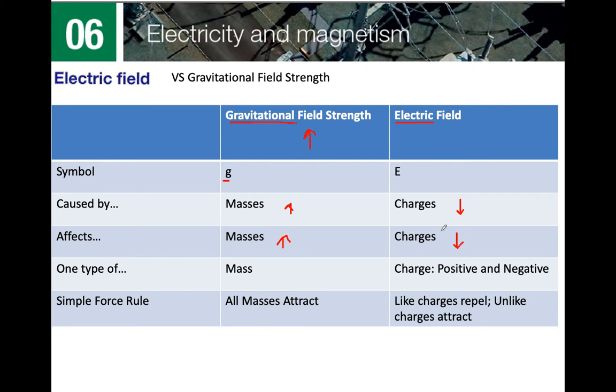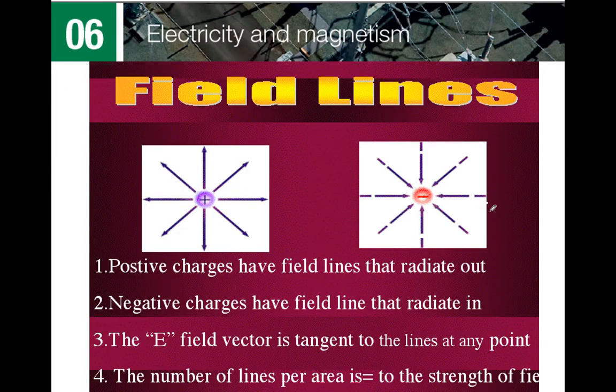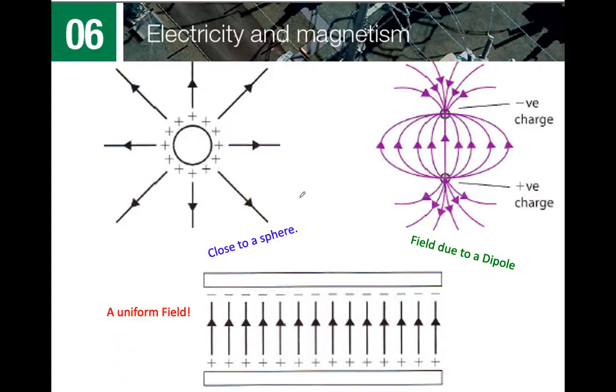Instead of mass, we're using q. Remember with field lines, if you're a positive person, you radiate outwards. If you're a negative person, you feel like everything comes in. And remember, the number of lines directly relates to the strength of that field.